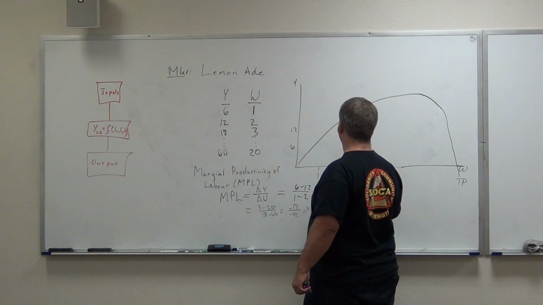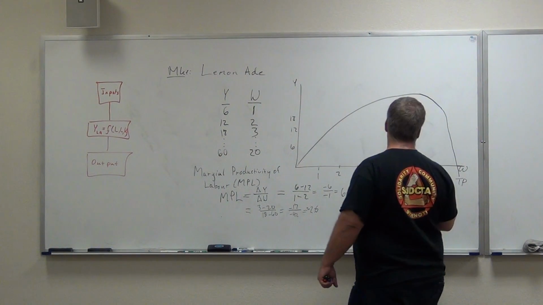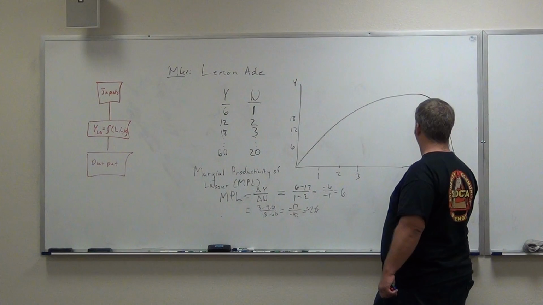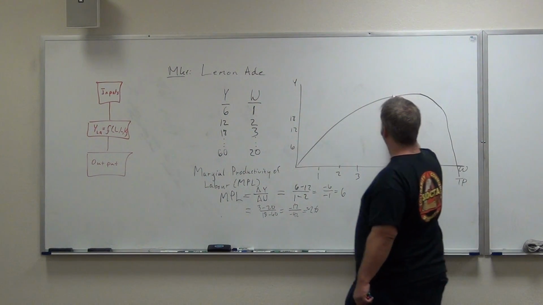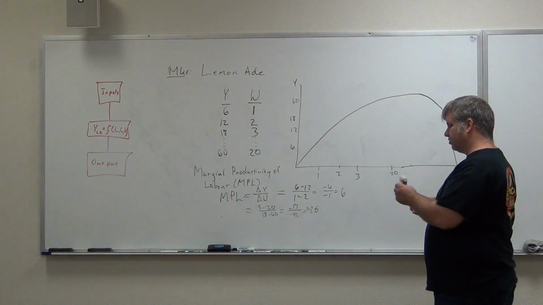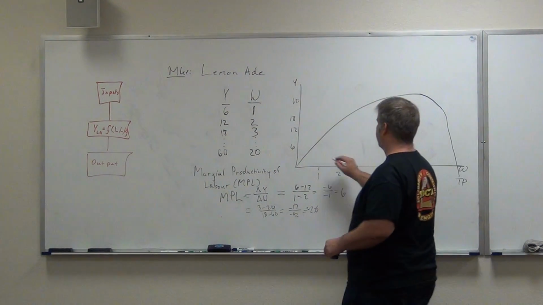For 3 workers, we get 18. For 20 workers, we get 60.